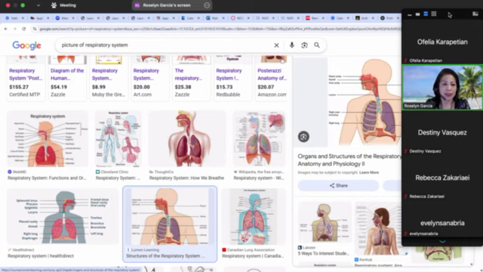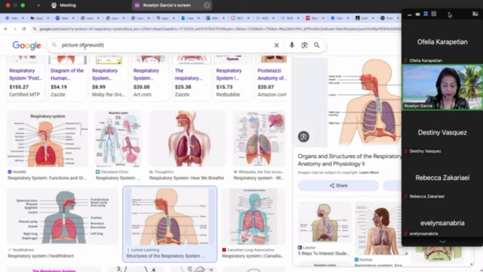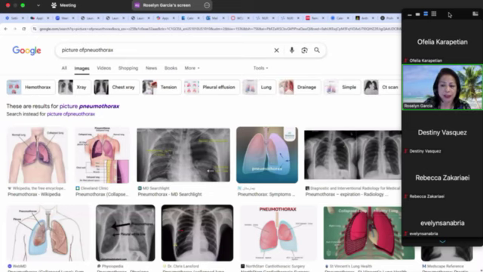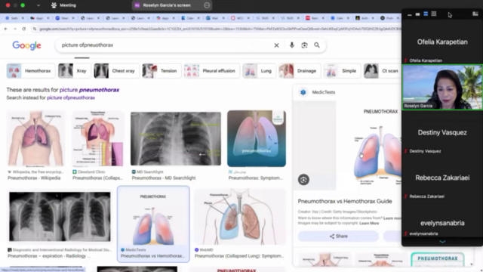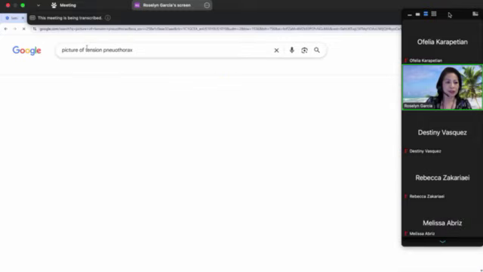Okay? Now, we talked about pneumothorax. So again, this is a picture of your pneumothorax, right? Pleural space, increased pressure. But if you don't address that, then it becomes tension pneumothorax. How do we know it's tension pneumothorax?